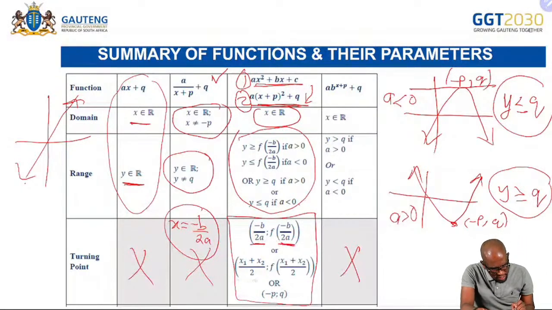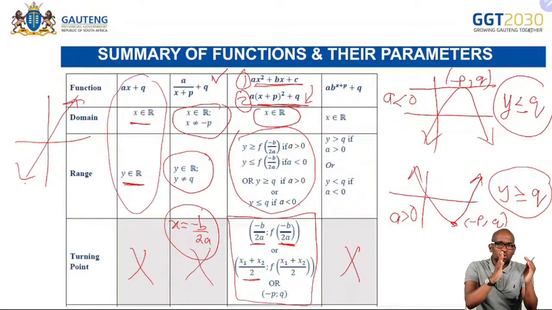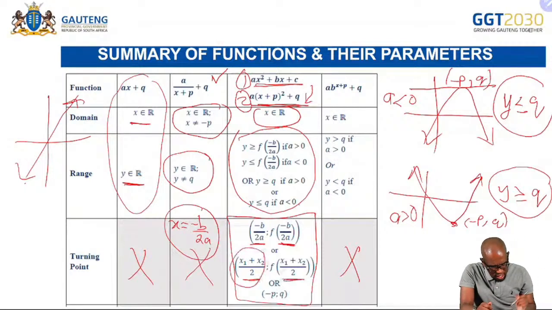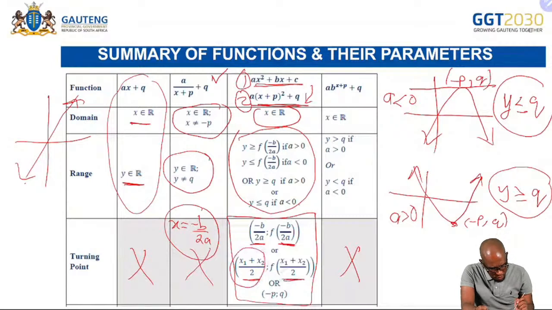Alternatively, if we have the x-intercepts, we can find the midpoint. The midpoint of the x-intercepts gives us the axis of symmetry, and whatever value you obtain there, you substitute in the original. That is why you have f of (x1 plus x2) over 2.